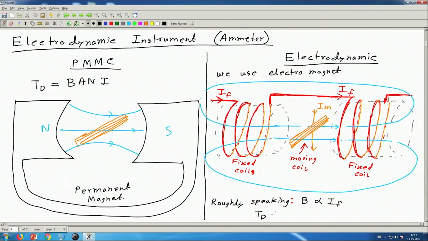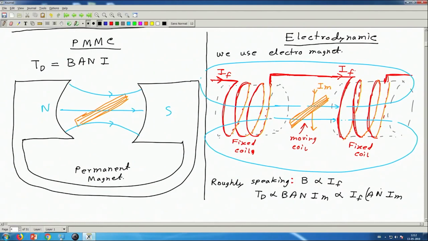TD is proportional to B A N times IM, this current, and B is roughly proportional to IF, so TD is proportional to IF A N IM. Now, A and N are constants.